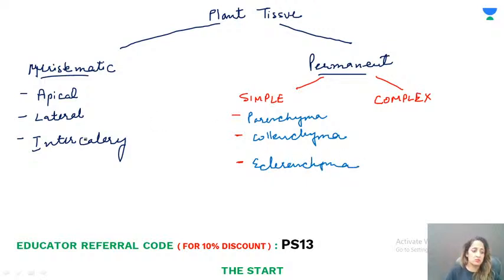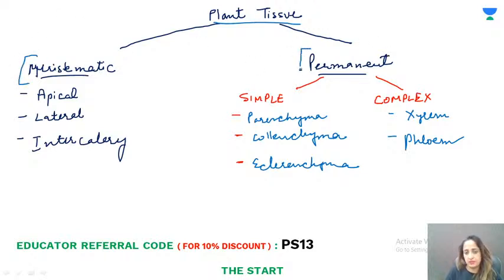Okay, so this is the type of simple permanent plant tissue. And when we talk about complex, we talk about xylem and phloem. All right, so this is a quick flow chart of all the plant tissue: meristematic, permanent.